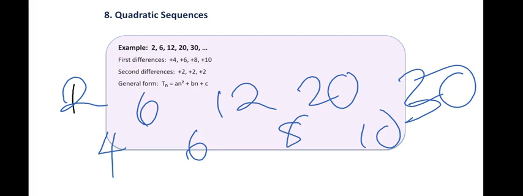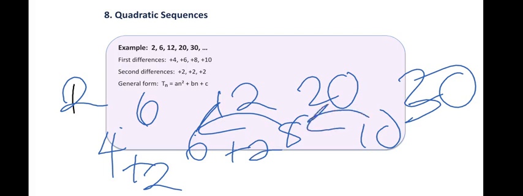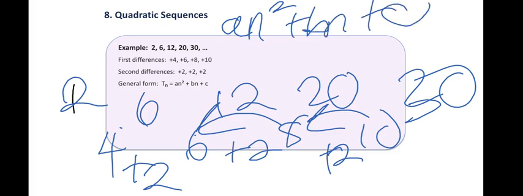Here we've got 4 and 6, so again you're going to find the difference. 6 minus 4, that is 2. 8 minus 6, that is also 2. 10 minus 8, that is also 2. Because the second difference is constant, this is a quadratic sequence. And a quadratic sequence has the formula an squared plus bn plus c.